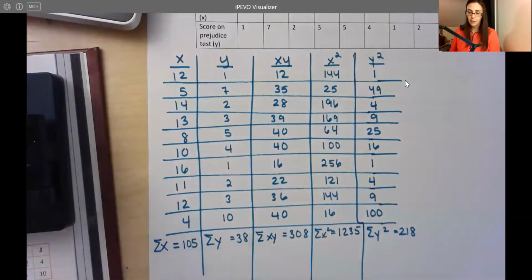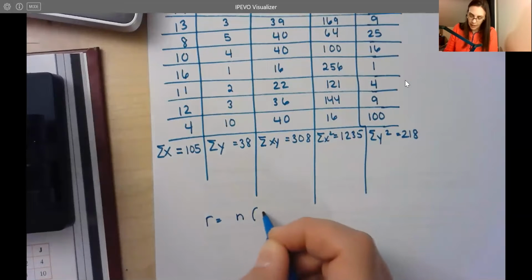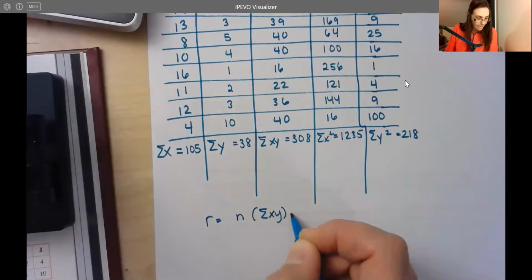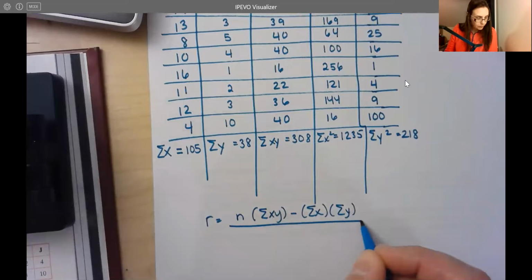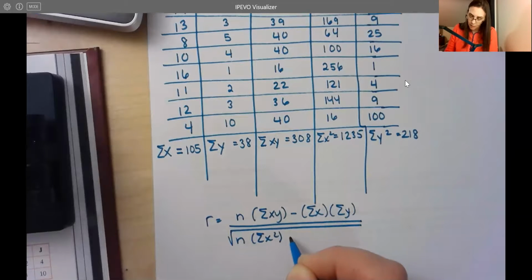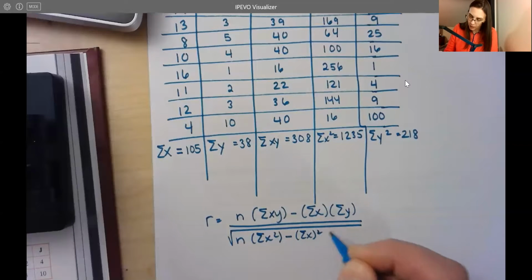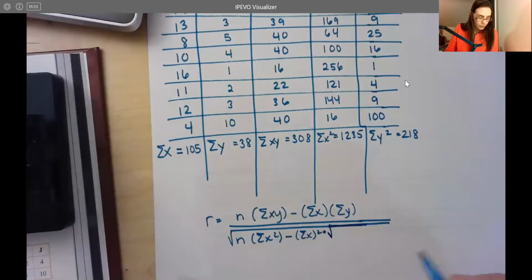And our formula, I'm going to rewrite it at the bottom here, was n times the sum of xy minus the sum of the x's times the sum of the y's, all over a square root of n times the sum of the x squareds minus the sum of the x's squared, times a second square root of n times the sum of the y squareds minus the sum of the y's squared.